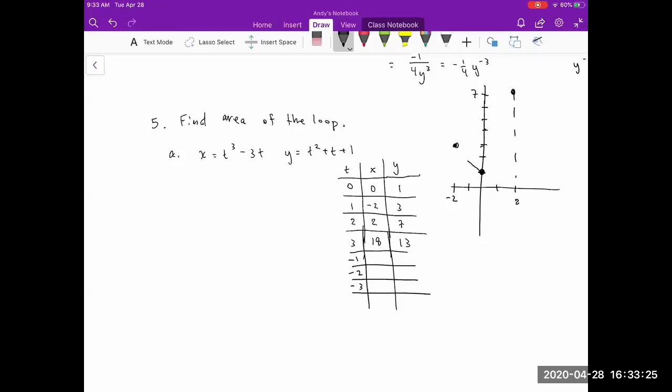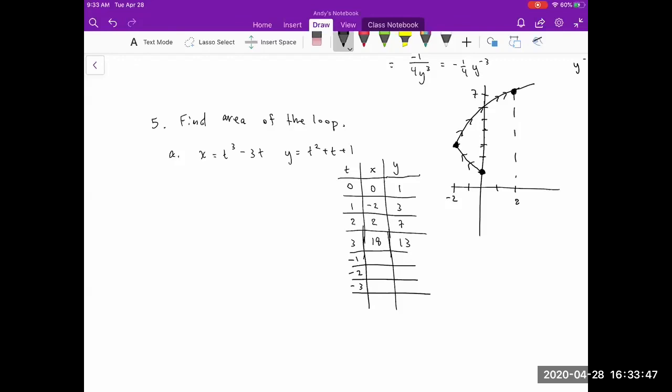So far it seems to be going like this. And these arrow marks indicate the direction that t is traveling. So this is when t is equal to 0, t is equal to 1, t is equal to 2. Right? So now let's plug in negative values to see if we get anything else here.